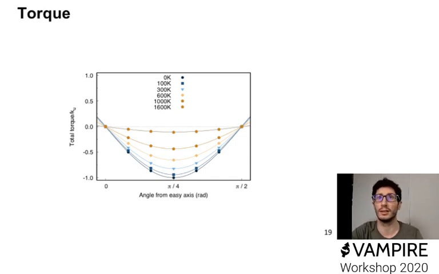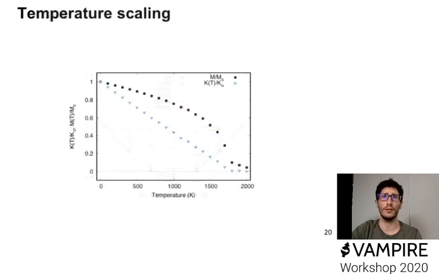These lines are a fit, which you can actually do in gnuplot, but you could use whatever other software you prefer, Origin, for example, and these are sine of 2 theta expressions. And then if you would integrate or extract directly from the torque the anisotropy energy density in this case, then we could, for example, plot something like this.